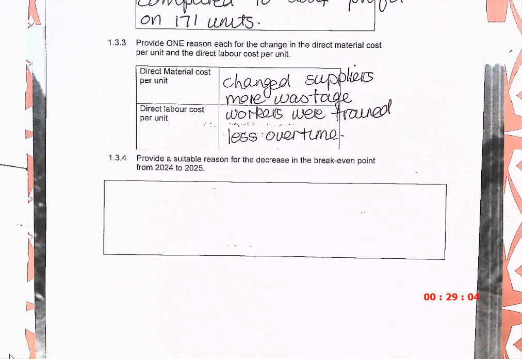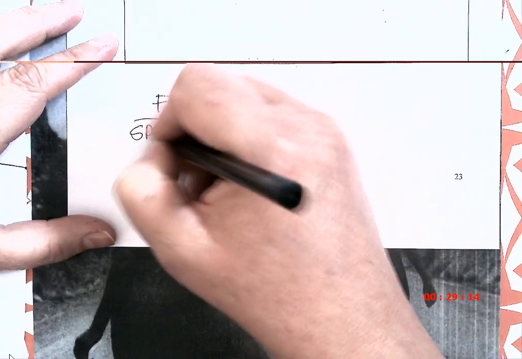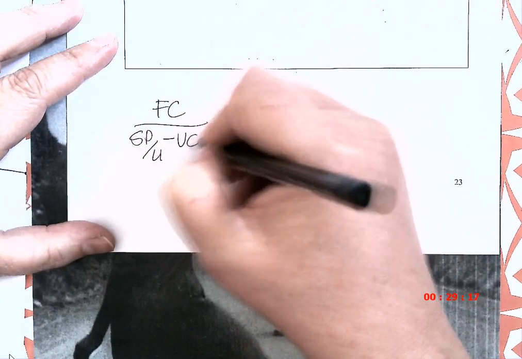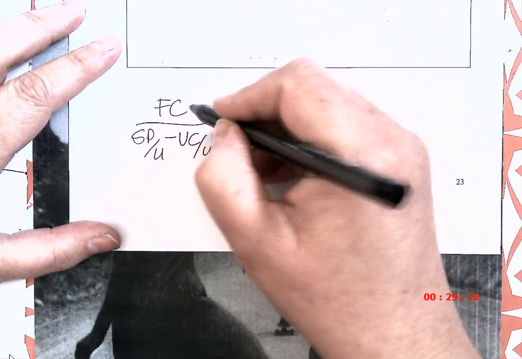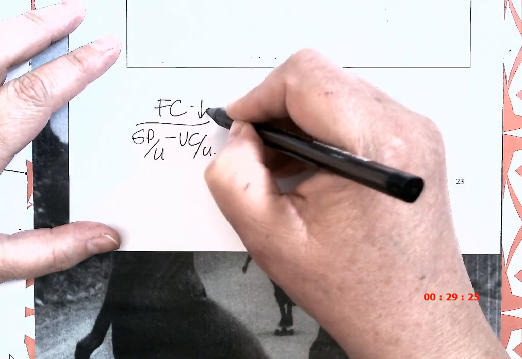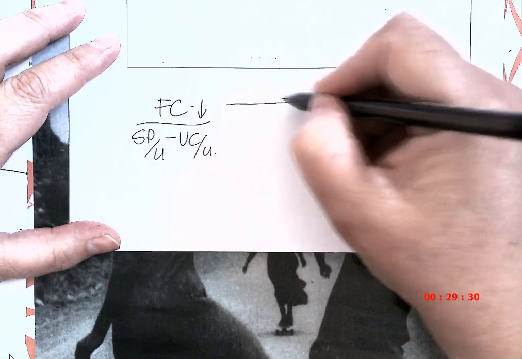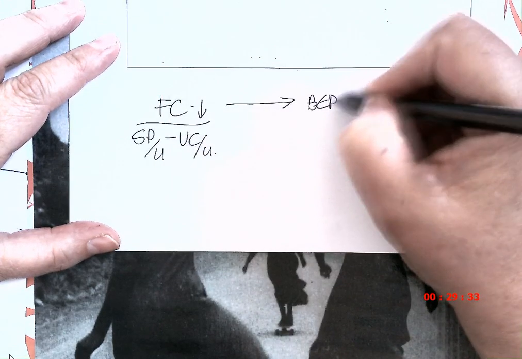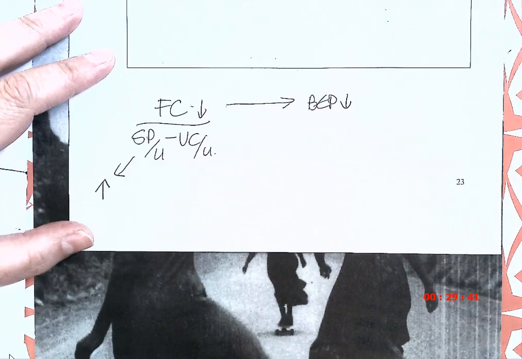So, if I have my fixed cost, selling price per unit, variable cost per unit, can you see that if your fixed cost decreases, this amount becomes smaller? That will lead to your break-even point to decrease. Can you see if your selling price per unit increases?